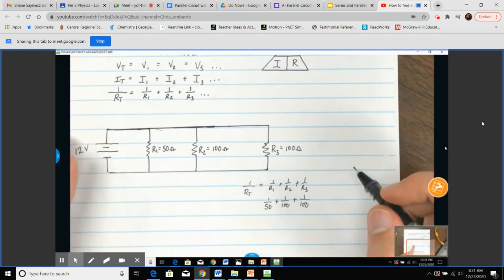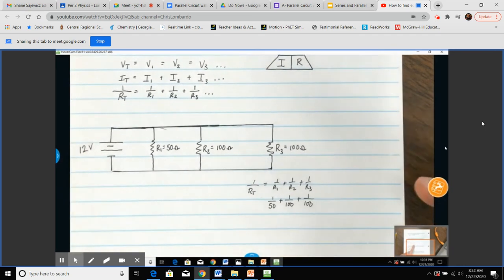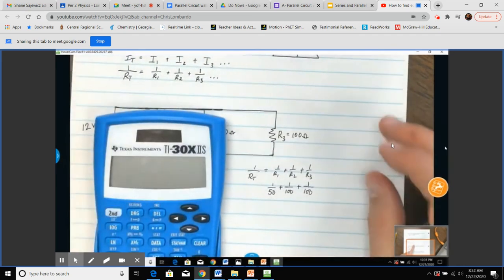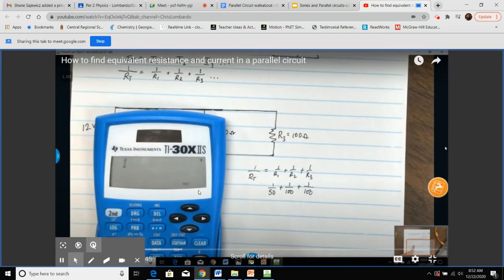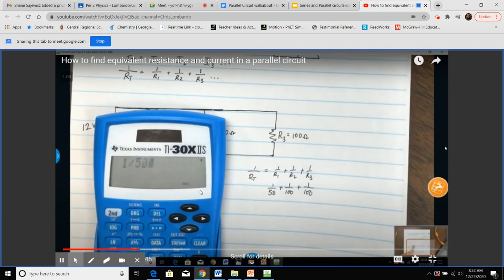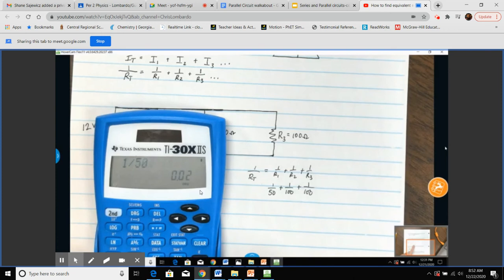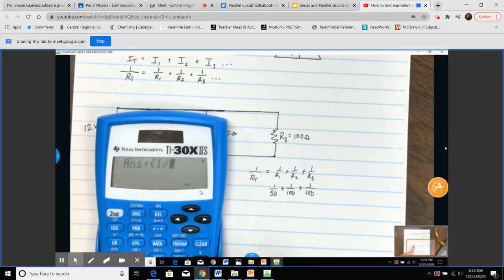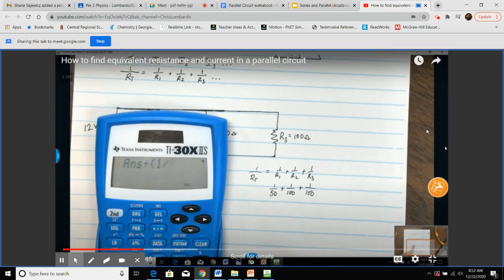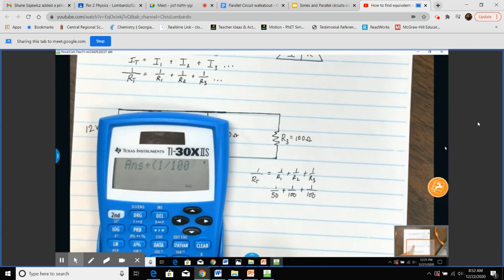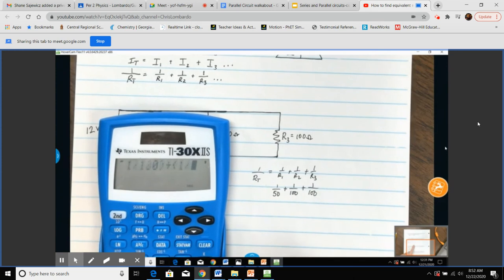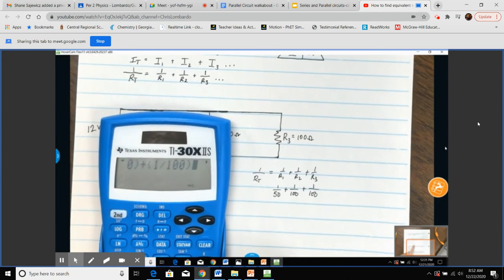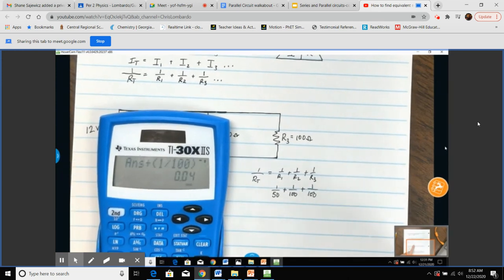Now, this can be done two ways, right? So if you did this in a calculator, 1 over 50, get this plus 1 over 100 plus 1 divided by 100, and you're going to get this decimal.